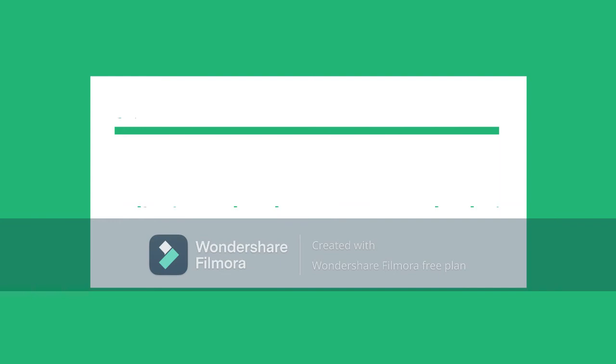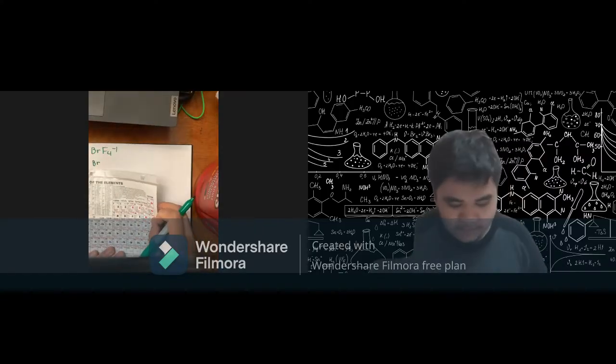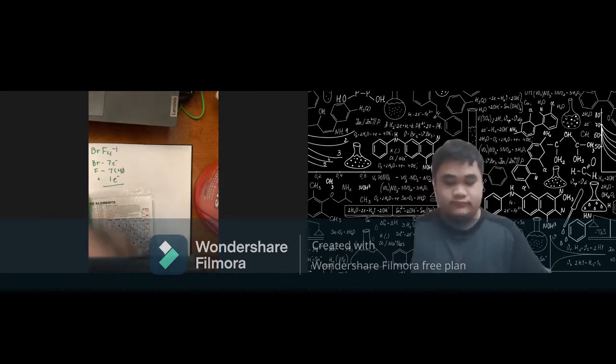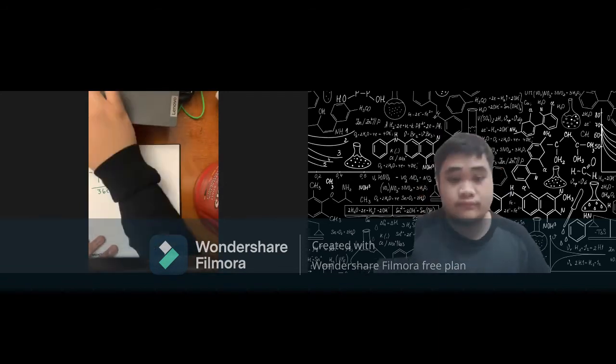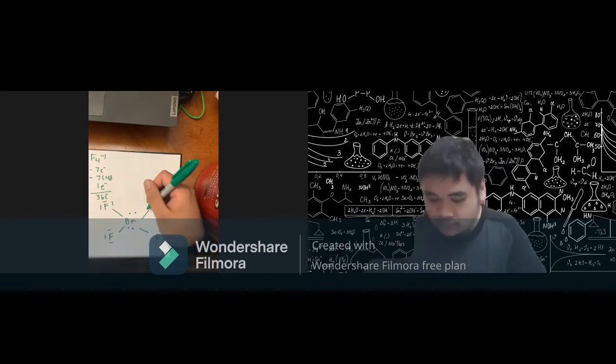The last question is from quiz 4.1 to 4.5. This question asks us to draw a Lewis structure of bromine tetrafluoride and also predict its molecular shape and its polarity. The first thing I did was to calculate how many valence electrons this compound had. From there, I used this amount in order to create the shape of bromine tetrafluoride.